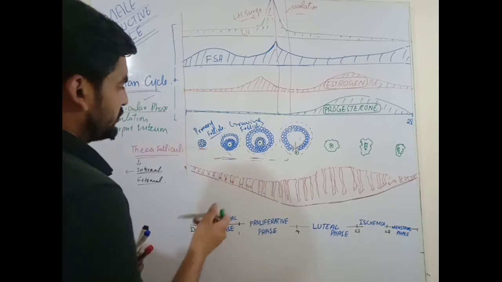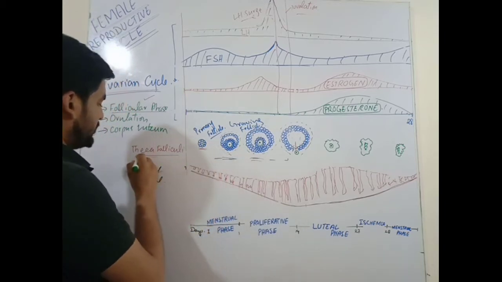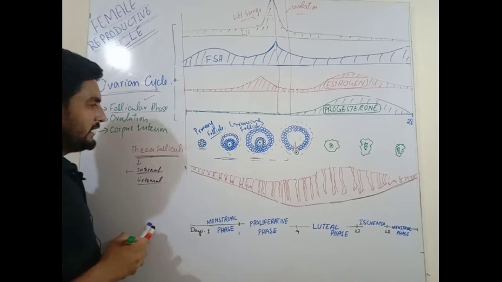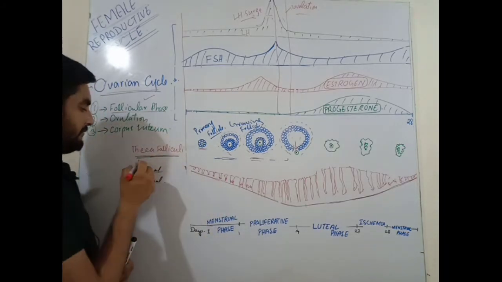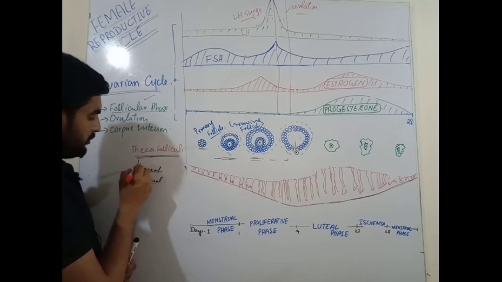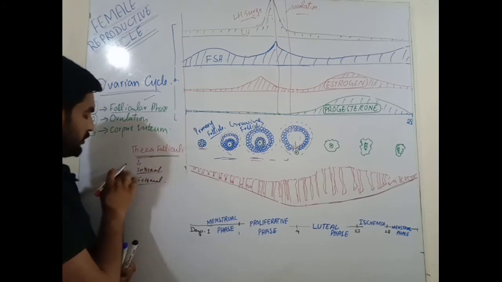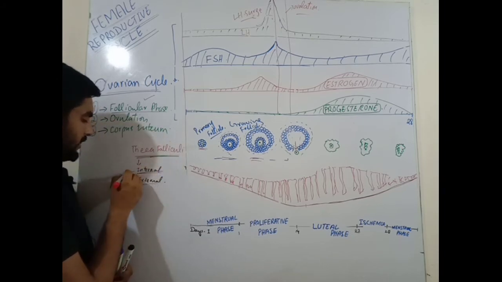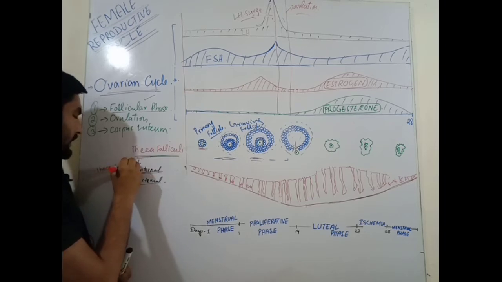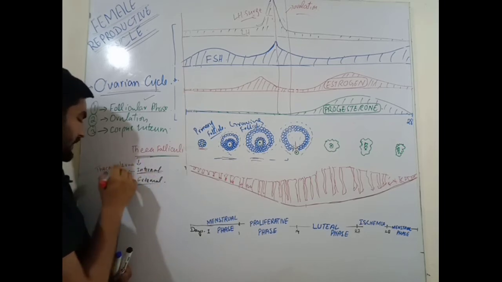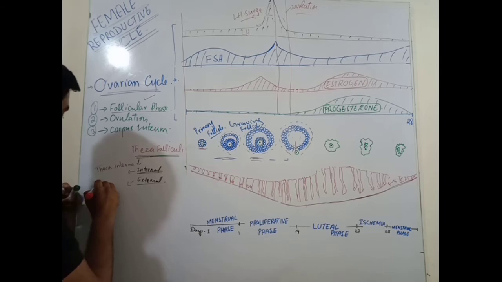And fourth is the formation of theca folliculi. As the primary oocyte starts developing, the theca folliculi forms two layers. One is internal, called theca interna, and the external capsule-like layer called theca externa.